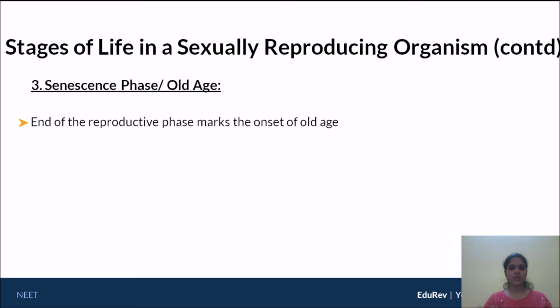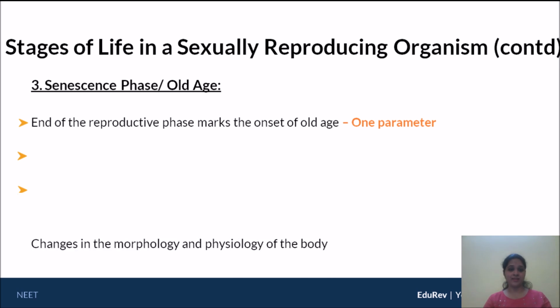Now, would you call a human female old at the age of 40? Definitely not. She's quite young still. Okay, so this is just one parameter. The end of the reproductive phase, transiting to the old age or senescence phase, is just one parameter. Apart from that, we have other parameters. Now, what are the other parameters that define senescence?